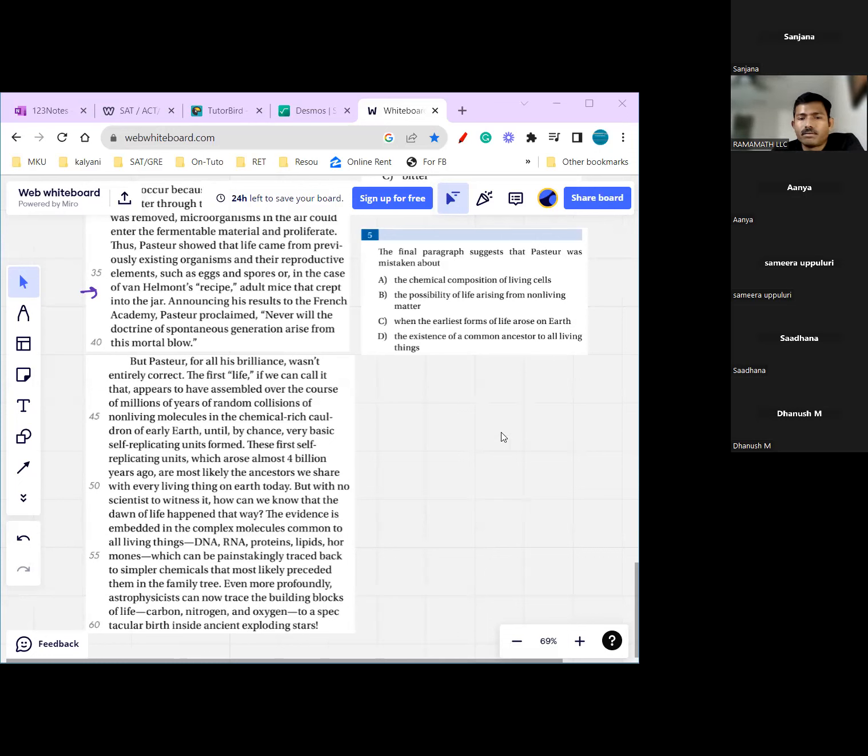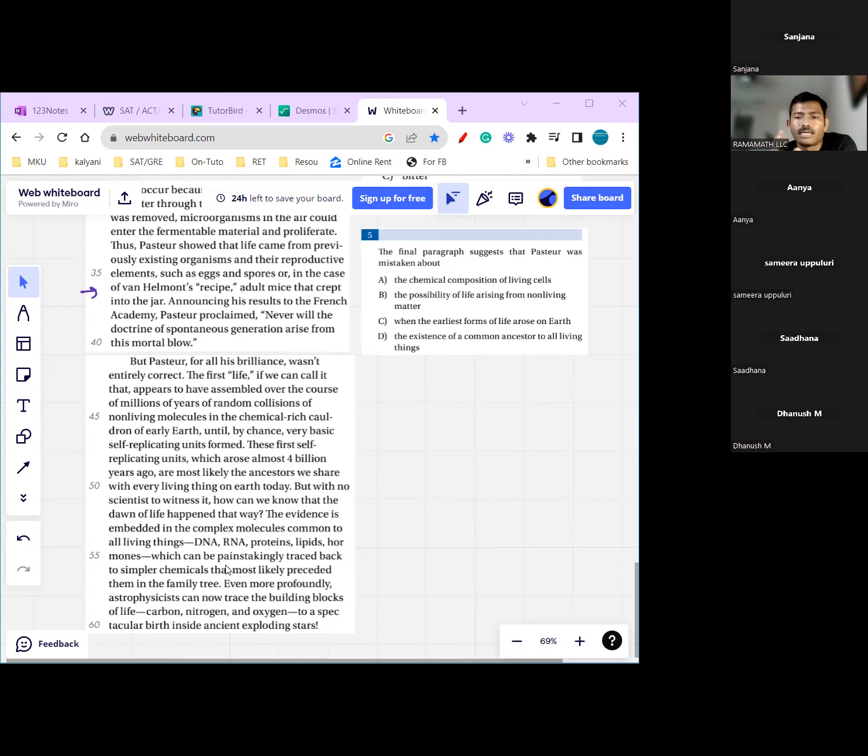So the final paragraph suggests that the author was mistaken about... Okay, so what is his mistake? Read the last paragraph carefully. Vaishnavi did read it for us. So if you look at the final paragraph, it describes that Pasteur wasn't entirely correct about the possibility of life arising from non-living matter, right?